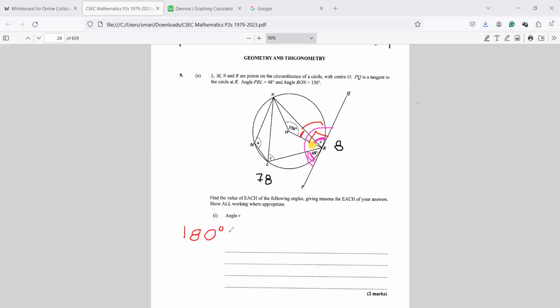So 180 degrees is going to be equal to 48 plus 78 plus angle LRN, right?